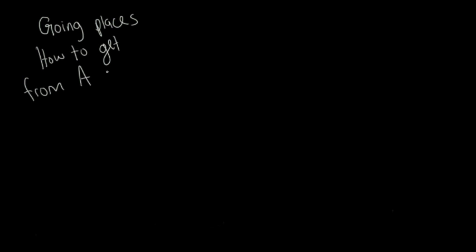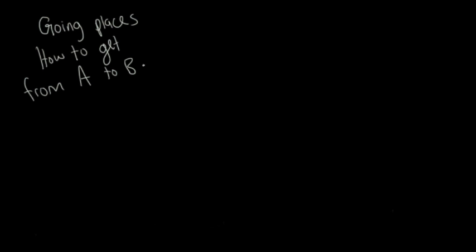Okay, so let's talk about a couple of questions we can use to ask somebody how to get somewhere. We're going to be talking about going places. Basically, how to get from A to B. That kind of directions.